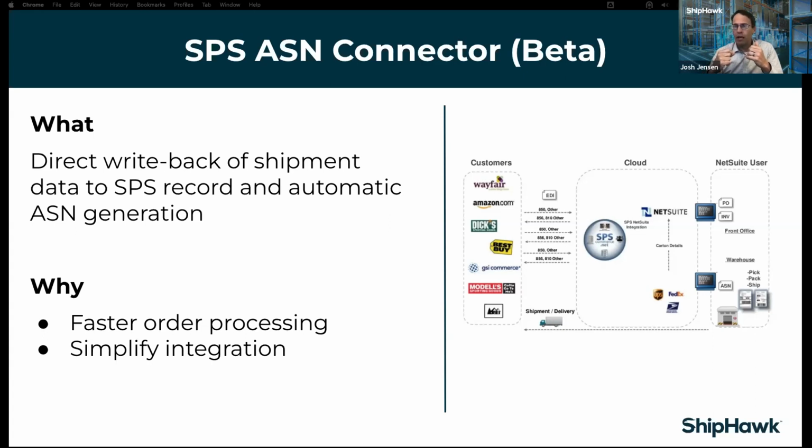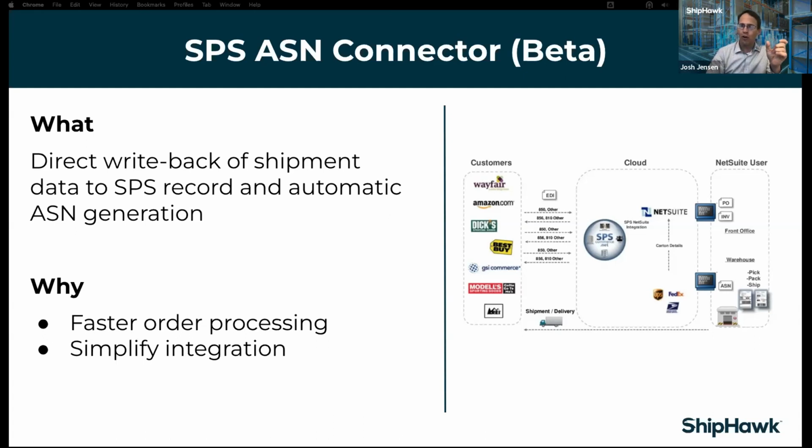This is still in beta, but it is available now, where if you're using SPS Commerce, instead of ShipHawk writing back that item fulfillment and package information into the ShipHawk fields, we can actually write that same order confirmation and shipment confirmation information directly back into SPS Commerce. And that will automatically generate the ASN.